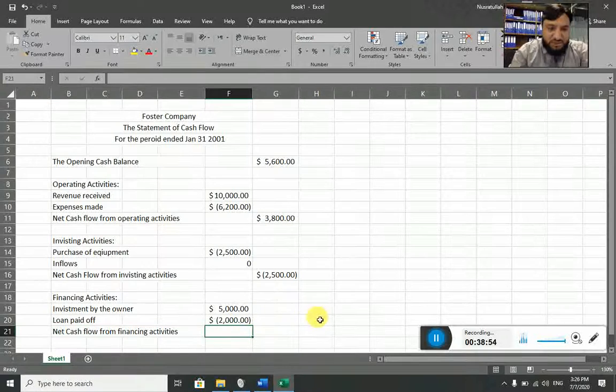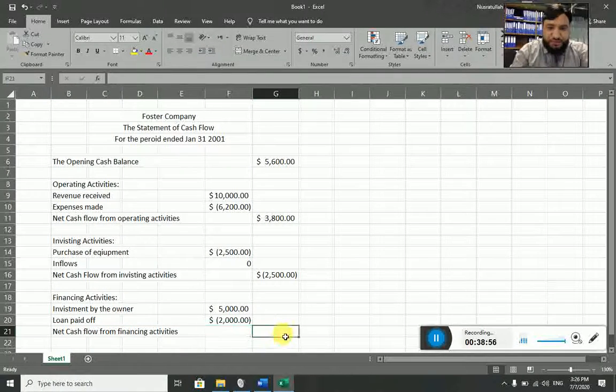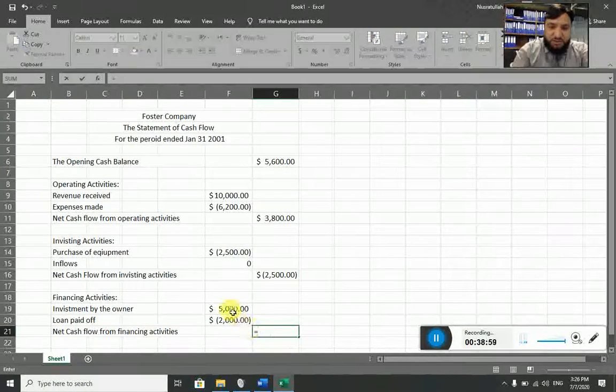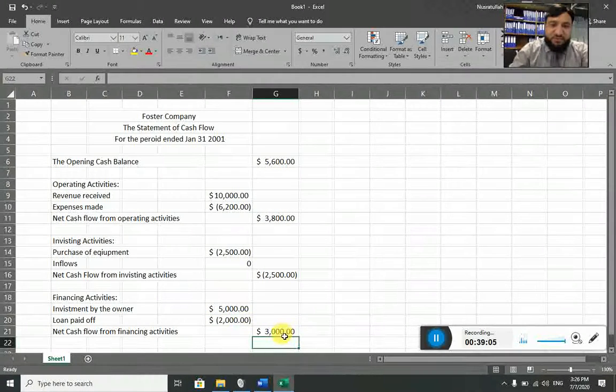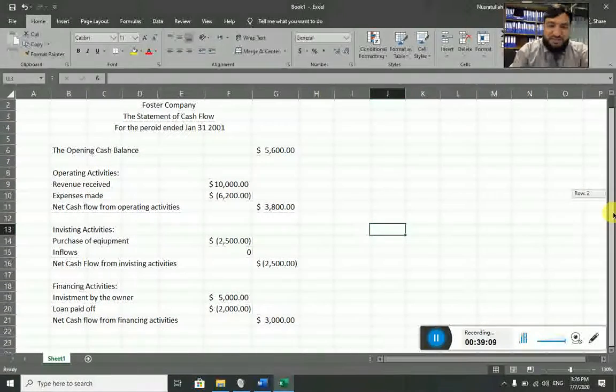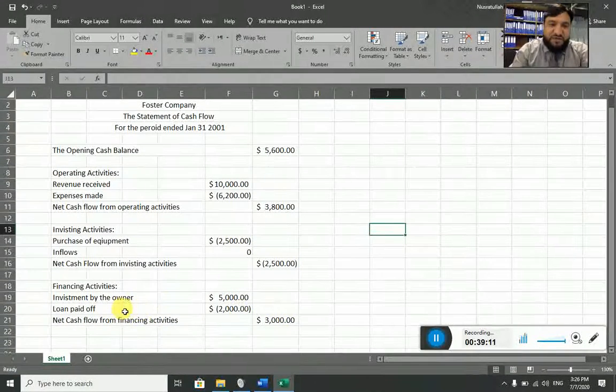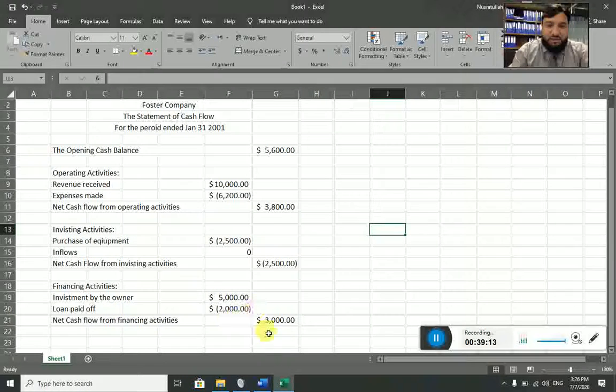What is the net cash flow? Let's do it. Inflow plus outflow, the net effect is 3,000. It means that the owners are happy with the business, that's why they are making additional investment, and financing activities are a positive figure, right? Money is coming in.